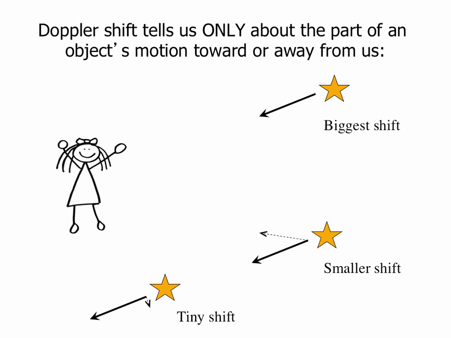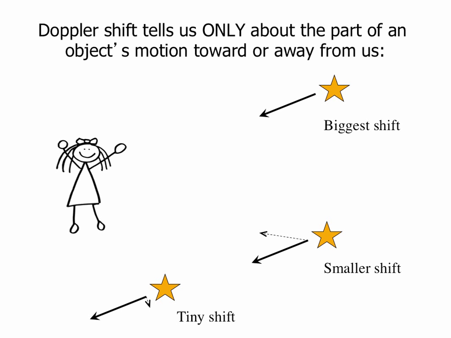The top star, because it's coming straight at me, I would see the biggest shift. For the middle star, it's only coming part way at me, so I would see a smaller blue shift. And for the bottom star, if you look carefully, you see it's actually moving slightly away from me as well as sideways, so I would see a very slight red shift for that star.